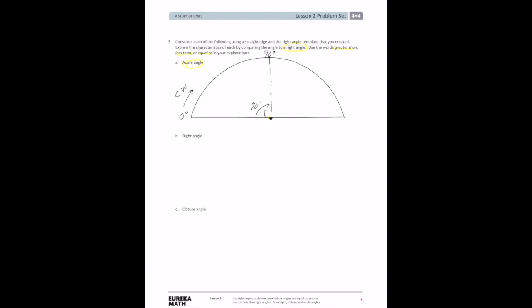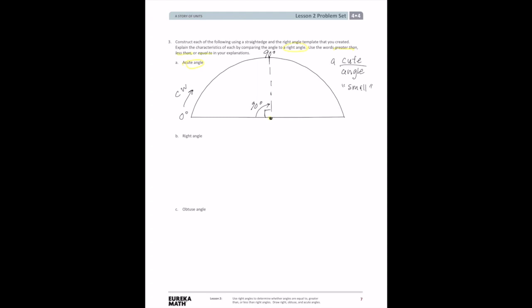That measures 90 degrees. Because we know an acute angle is less than 90 degrees, a way to memorize that is it's a cute angle. And what is an acute angle? It's very small. So that's what you might remember: something that's cute is maybe small.